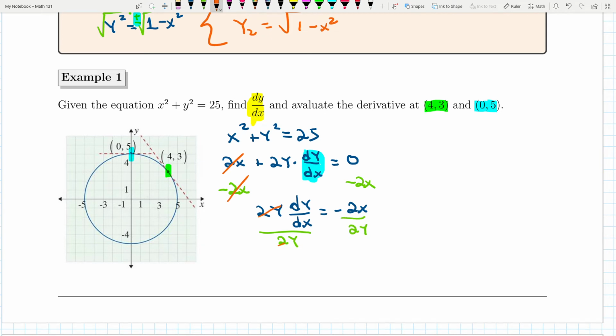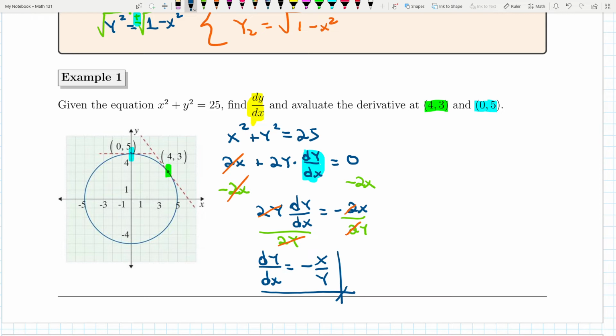Cancel 2y with 2y, and dy/dx equals, cancelling these 2's, simply negative x over y. So now the derivatives of implicit functions will contain both variables x and y, as opposed to the derivatives that we have done so far.